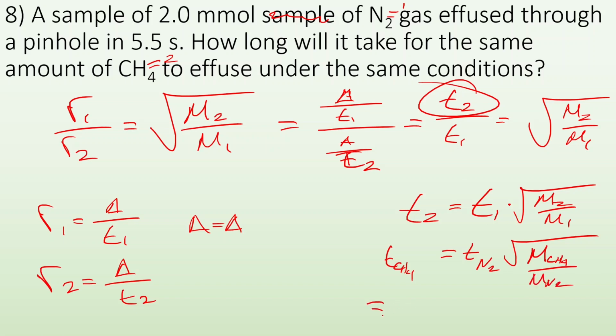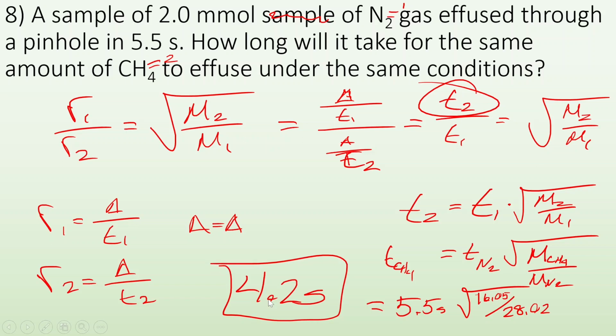So plug and chug. The time for N2 was 5.5 seconds times the square root of the molar mass of CH4, which is 16.05 grams per mole, divided by N2, 28.02 grams per mole. And when I do that, I end up with 4.2 seconds. So CH4, since it's the lighter one, takes less time.